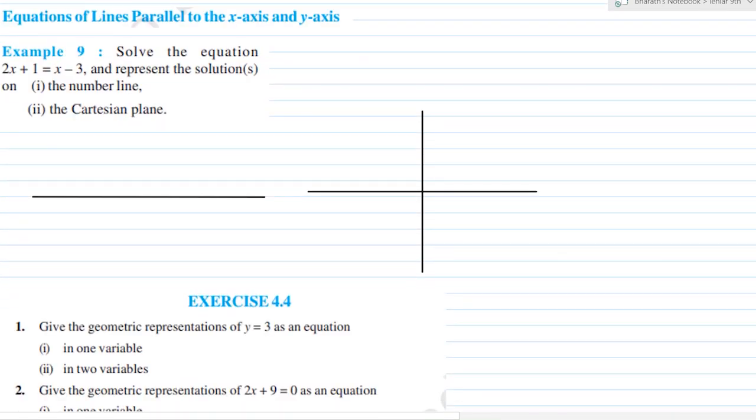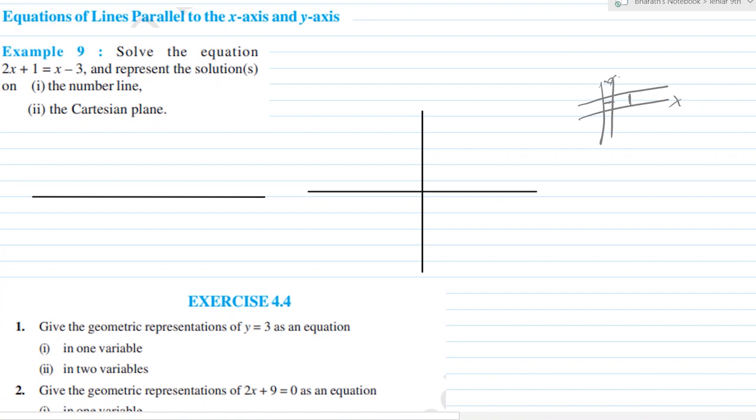Equation of lines parallel to the x-axis and y-axis. It's nothing much. Parallel to the x-axis, in the sense that here in the graph this is our x-axis and this is our y-axis, so there will be a line like this, parallel to the x-axis, right? And if there is a line like this, then it's parallel to the y-axis.